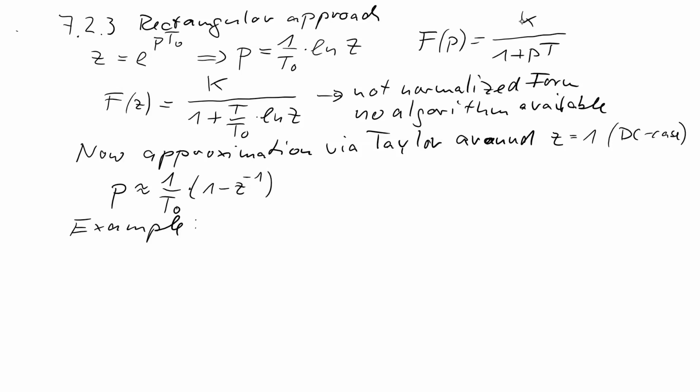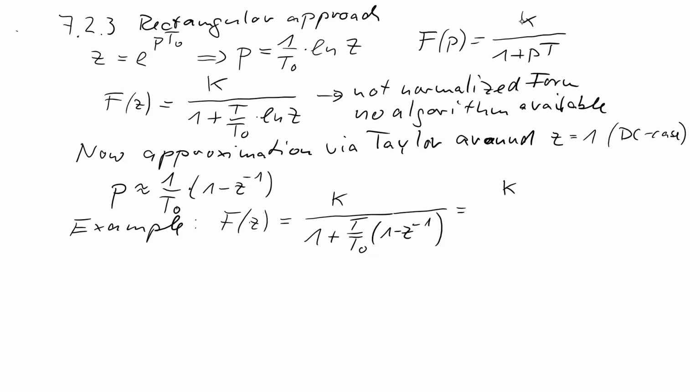Let's do this with our f of p. So we get an f of z, which is k divided by 1 plus, and now p replaced with this gives T divided by sampling time multiplied with 1 minus z to the power of minus 1. This is not the normalized form.